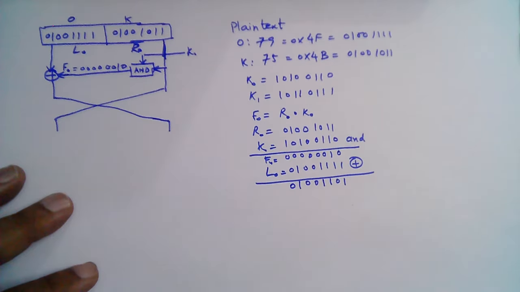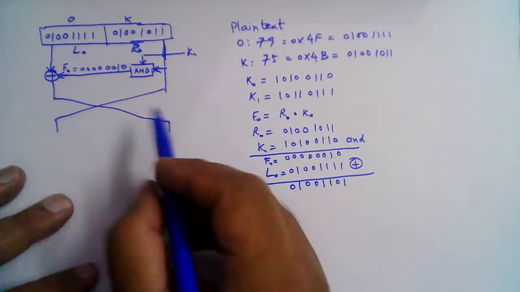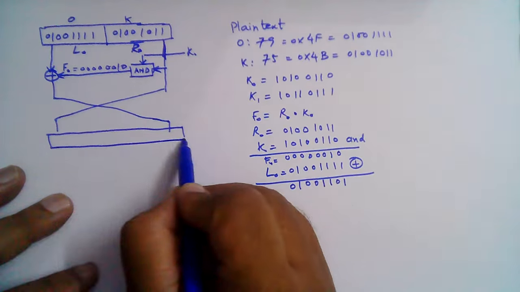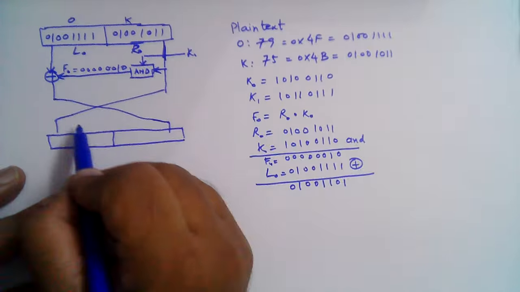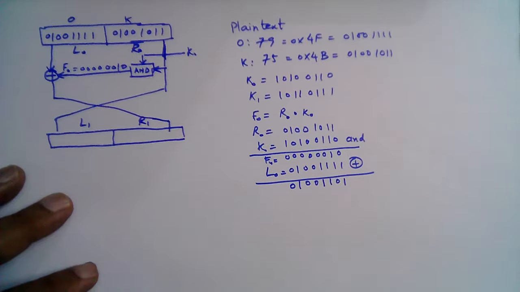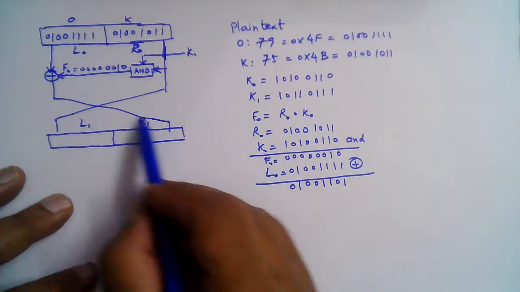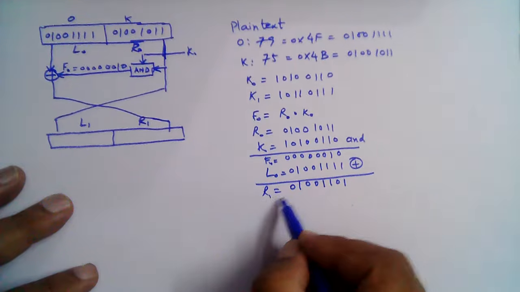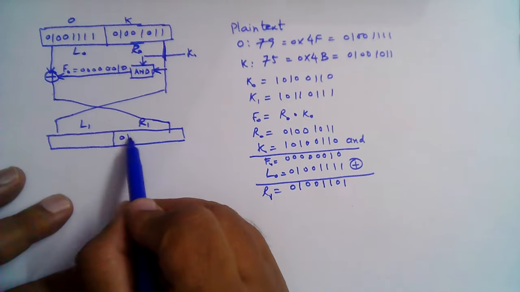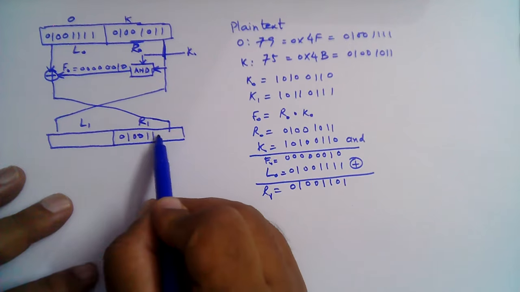So this is basically the output here, which goes here, right? So this is L1, this is R1. The output here is R1, so this is 0 1 0 0 1 1 0 1.